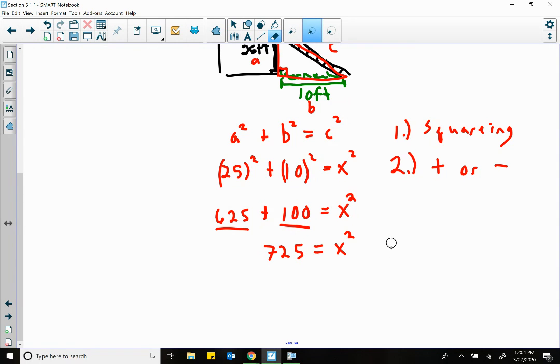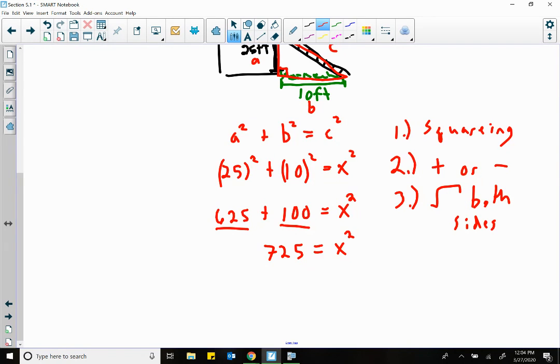Your third and final step for solving. This is why it is in this section. Because the third and final step is you're going to square root both sides. Because how do I get rid of something squared? You square root.